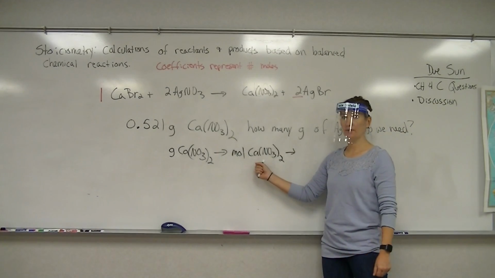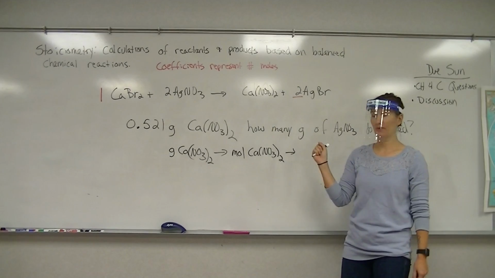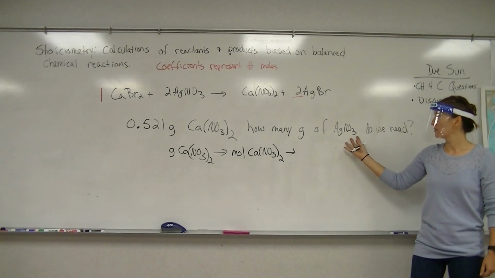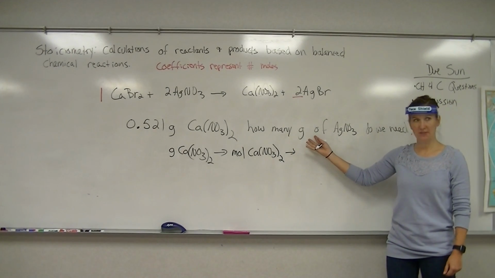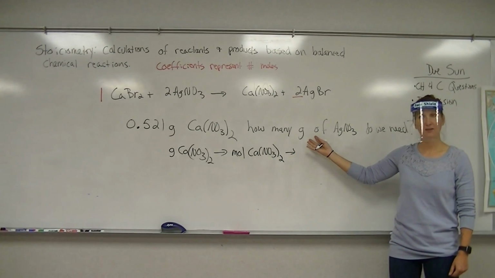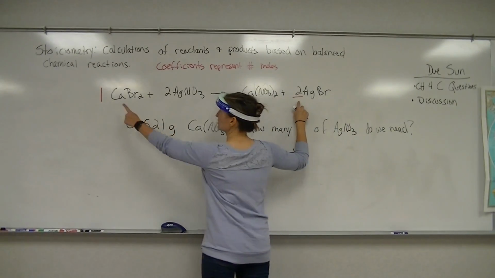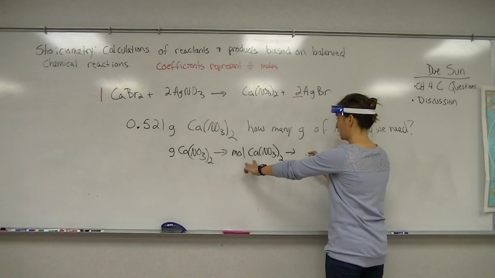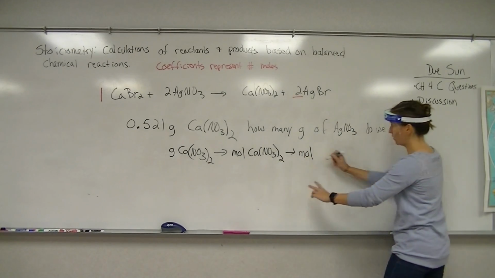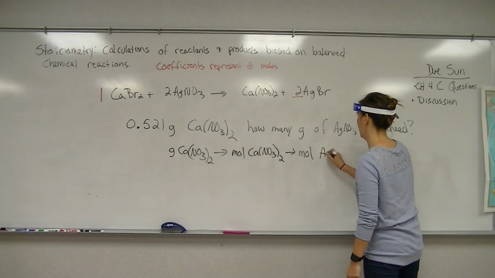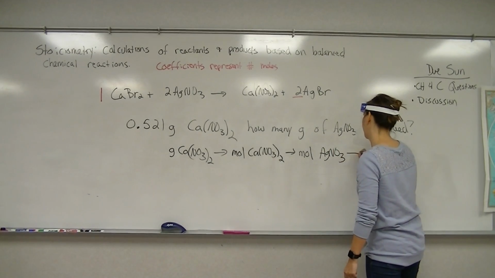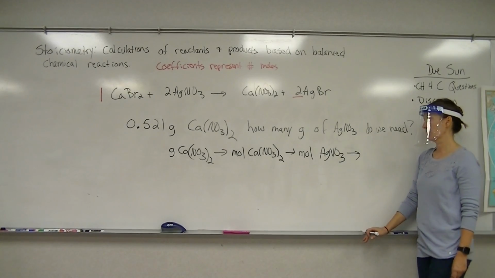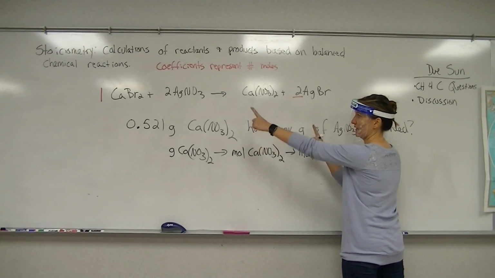Once I'm in moles, now I can use the coefficients. But I'm not going to get to grams of silver nitrate right away, because these coefficients represent moles. So I'm going to go from moles of calcium nitrate to moles of silver nitrate, using the coefficients in that balanced chemical equation.